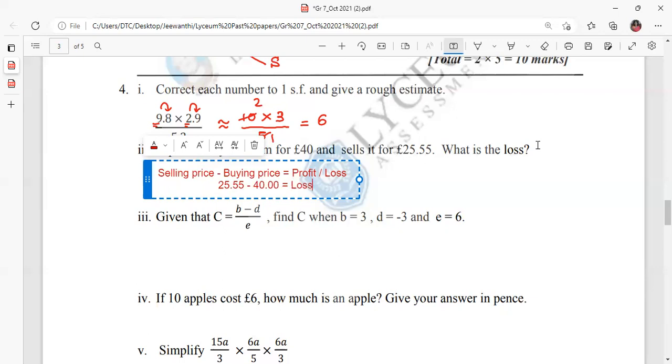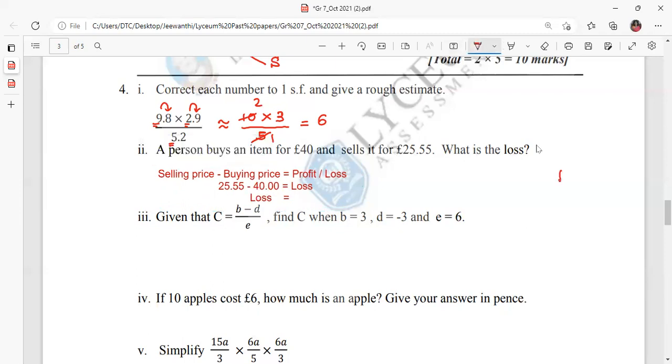So I will write loss and mark it like this, and I do the calculation here: 40.00 minus 25.55. You deduct and show it.